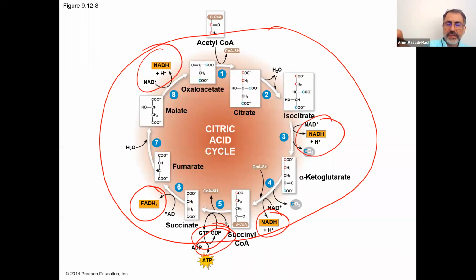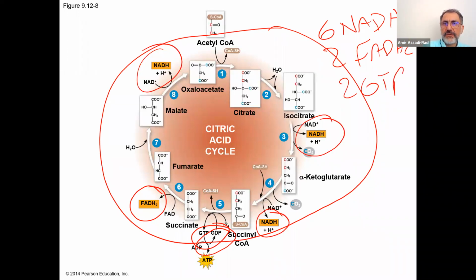So the total, since the cycle goes around twice, would be 6 NADH, 2 FADH2 per glucose molecule, and then 2 GTP.